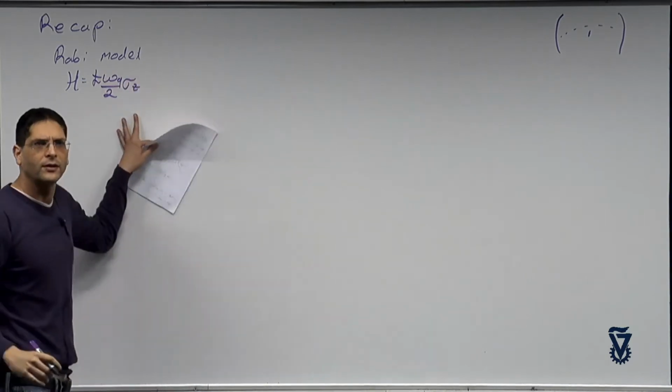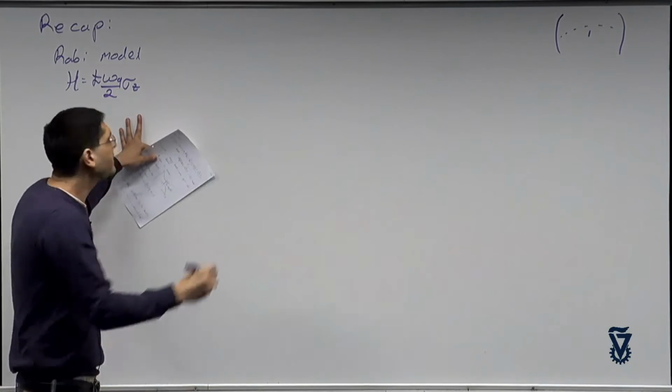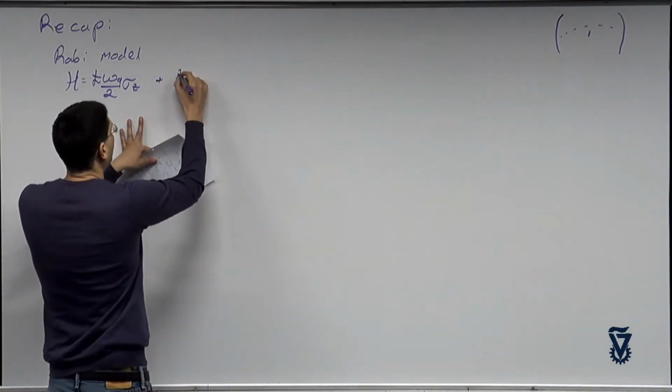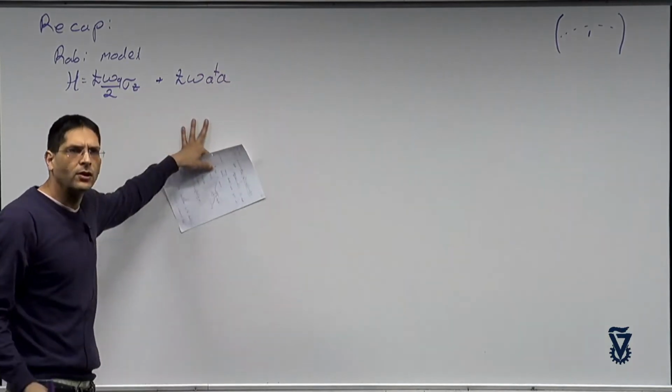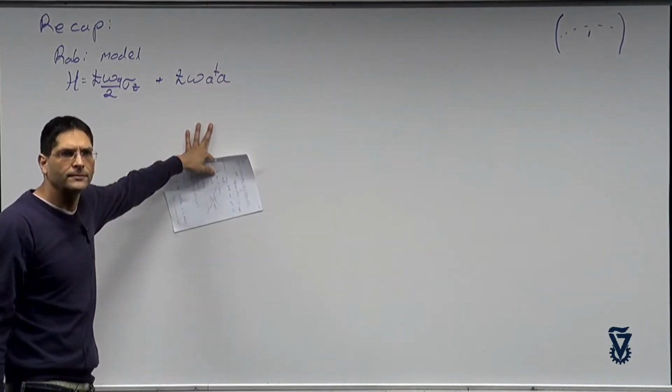This was the part of our two-level system, our qubit. Then we had h bar omega a dagger a. This was our harmonic oscillator.